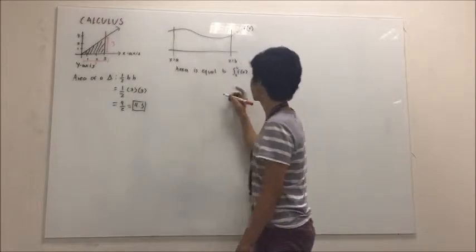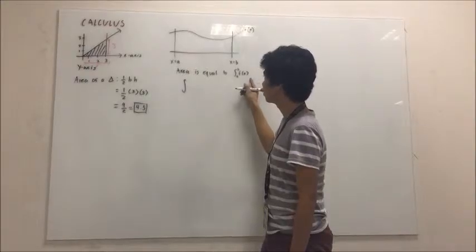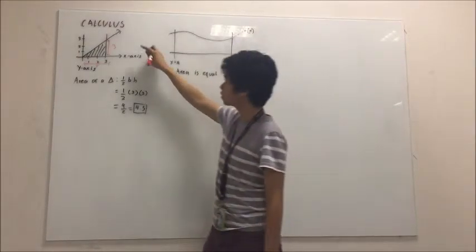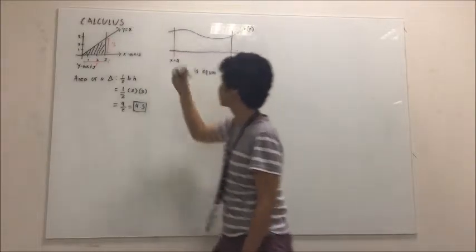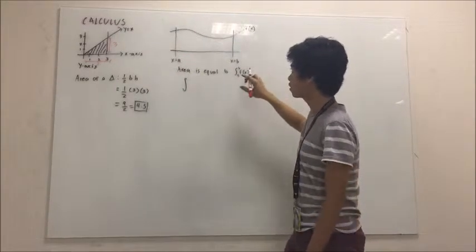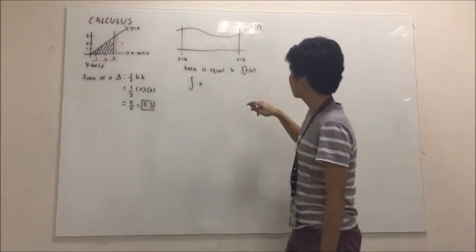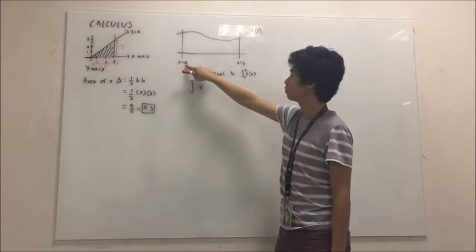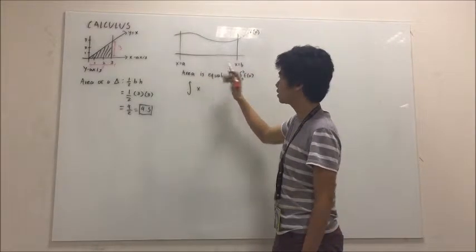So if we use the integral of the function, and we know that the function here, sorry, I forgot to write it, is actually y equals x. So we write the function, which is x, and we should write the boundary or the range.